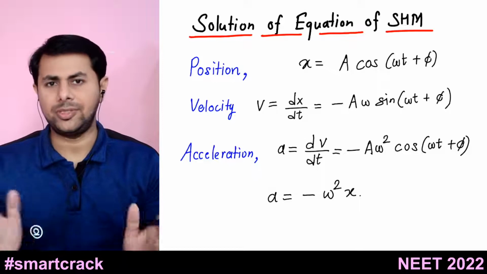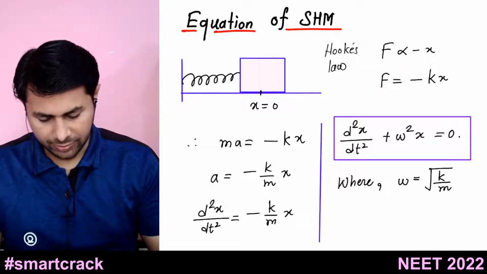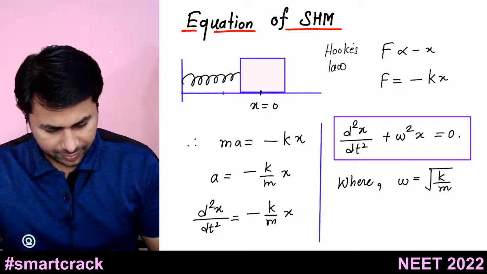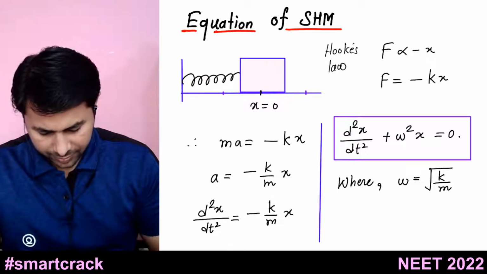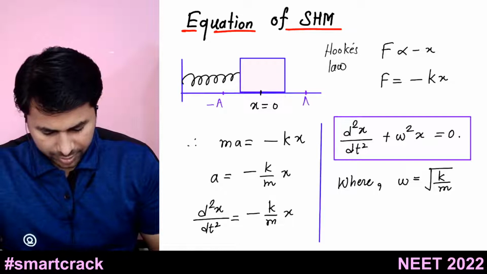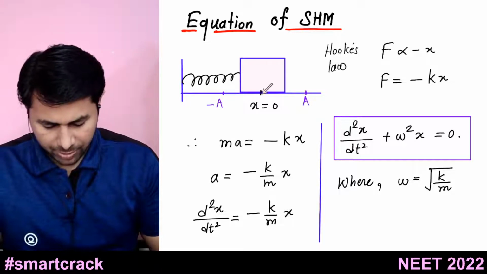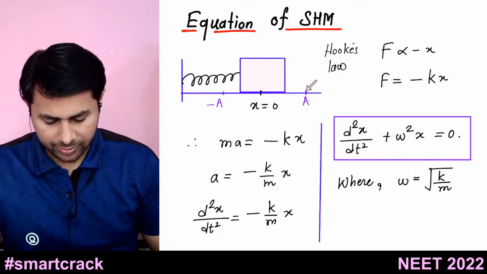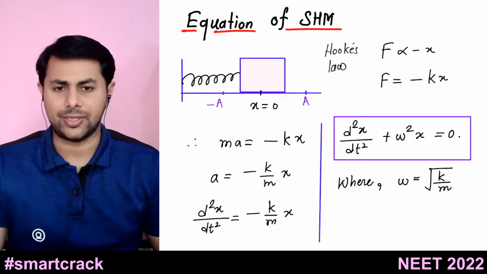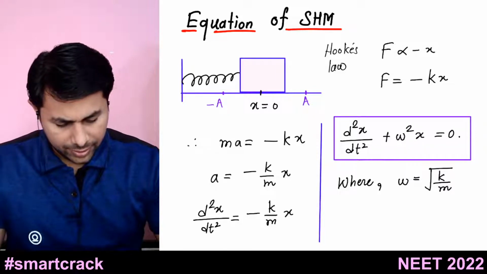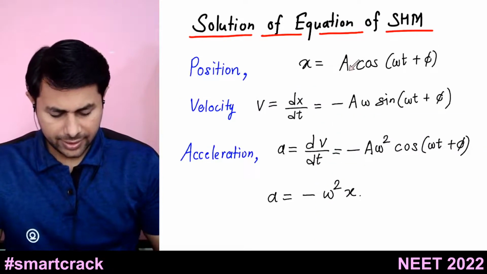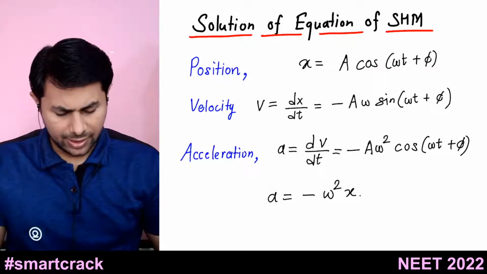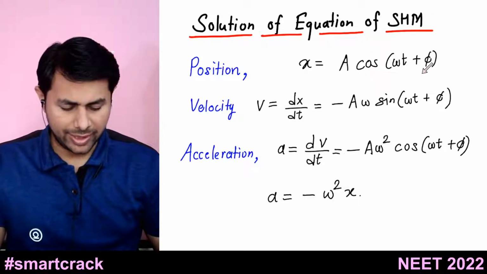A is the amplitude of oscillations, meaning it will oscillate from some point, let's say minus A to plus A. If you call the initial position of the block equal to 0, the origin, then it will oscillate between these two positions, minus A and plus A. So A is the amplitude of oscillation, the maximum distance from its mean position, and then you have cos of omega t plus phi.